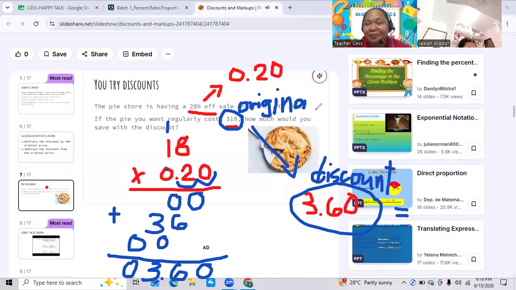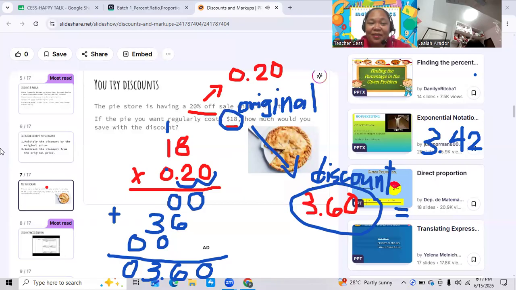Are you sure? I think it's too low because $18 minus 3.60 only. So it means it's higher than 3.42 because it's $18. You subtracted 3.60 only.